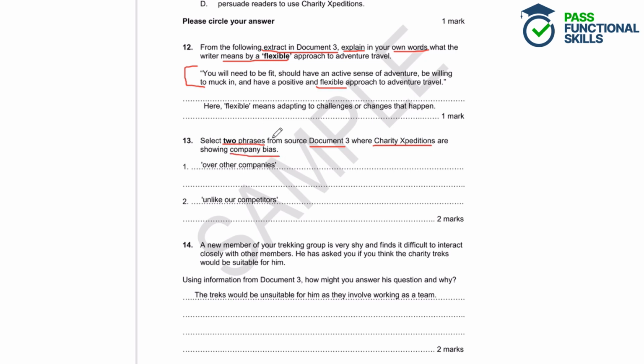Now, bias means being strongly in favour of something or strongly against something, having a strong opinion that's usually based on someone's circumstances. So we're looking here for bias that is to do with the company. Strong company bias would mean that they prefer this company over all of the others.